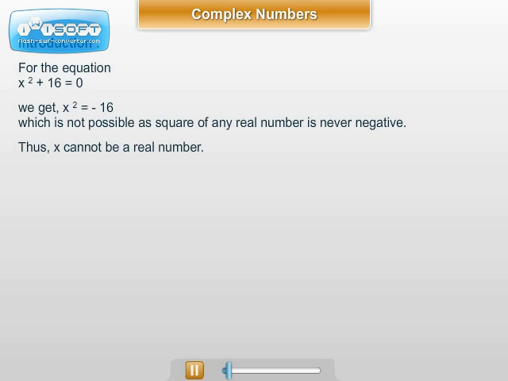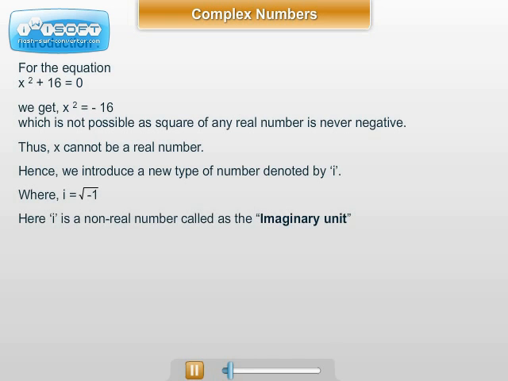In order to overcome this problem, we have to introduce a new type of numbers. Root minus 1 is a non-real number. Let us denote it by the symbol i and call it the imaginary unit. Thus, i equal to root minus 1 and hence i square equal to root minus 1 into root minus 1, that is minus 1.